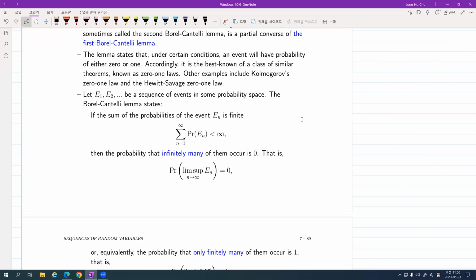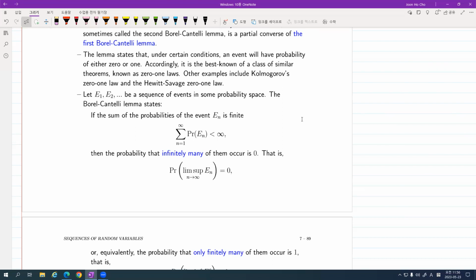Okay. Here, the lemma states that under certain conditions, an event will have probability either 0 or 1. By the way, an event having probability 1 is very good to us because that is related to what? Almost sure something, right? Or with probability 1 confirmation.